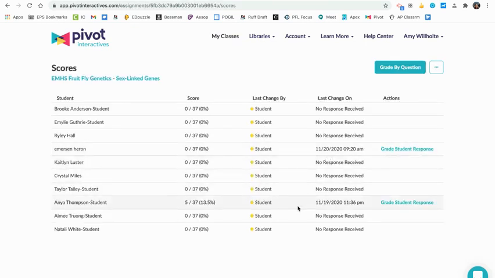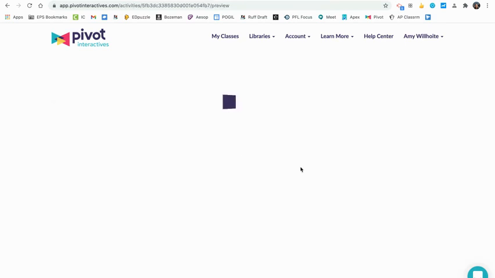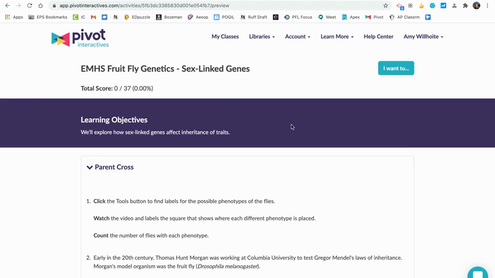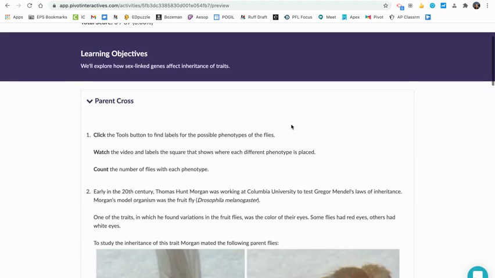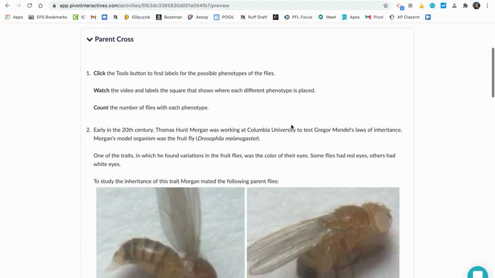Hey, I already have some people that have started it. Yay. Okay. Everyone, my screen has a beautiful flipping purple box. There we go. You're probably not even looking at my screen anymore because you're probably looking at your own. That's good.